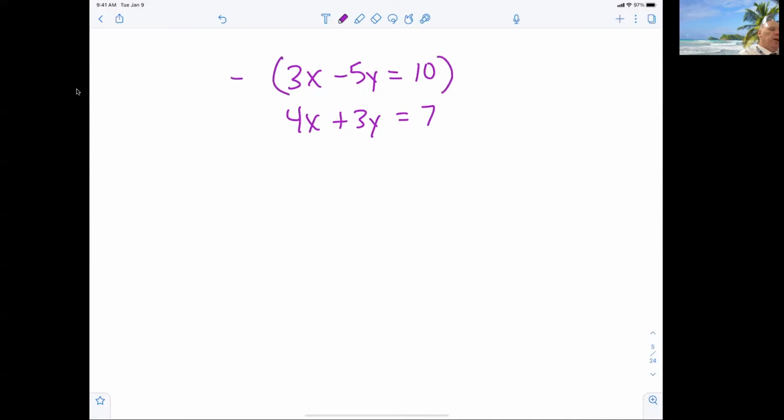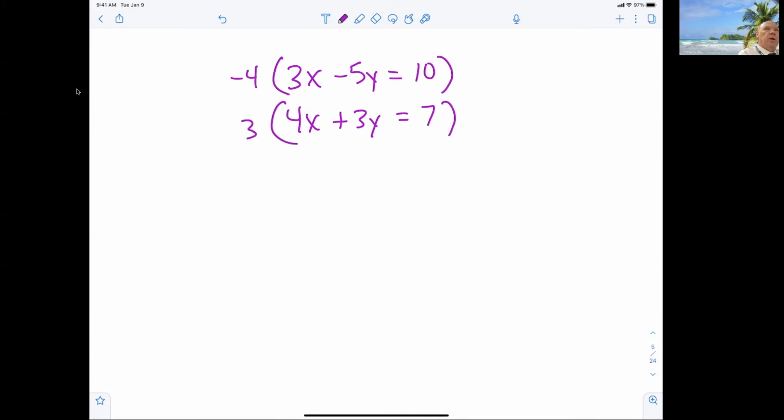All right, I want everybody to look up just for one more second. I'm just going to write this up on the board. 3x minus 5y. You don't have to write it down. And then 4x plus 3y equals 7. All right, so if I wanted to solve this, what would I have to do? Yeah, that's exactly right. Multiply the top by -4 and the bottom by 3.